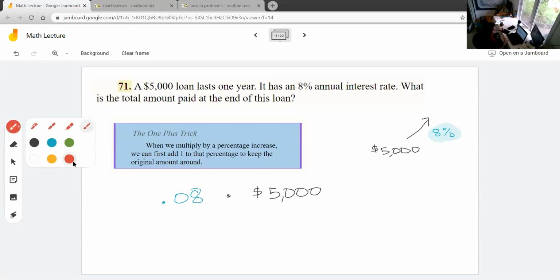But I'm also going to put a 1 in front because 5,000 times 1 keeps the 5,000 around also. And if I take 5,000 times 1.08, then I get 5,400 as one step without having to add on the 400 at the end.